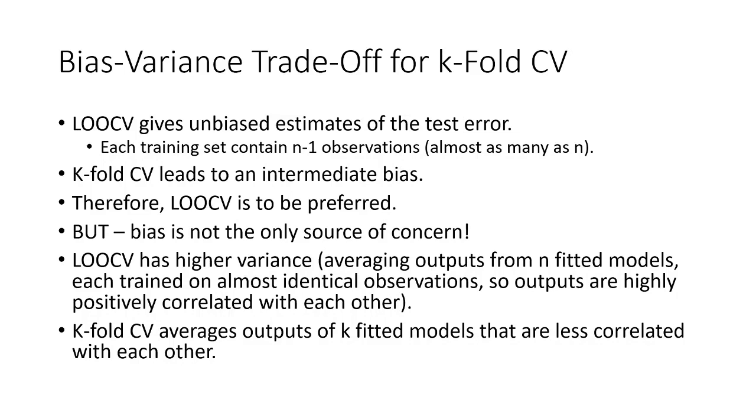In the first step, let's say you remove the first observation, so you still have observations 5, 6, and 7. In the second one, when you remove the second observation, we still have the same observations 5, 6, and 7. So they are very highly correlated with each other. That is why the LOOCV has a higher variance compared to the k-fold CV.